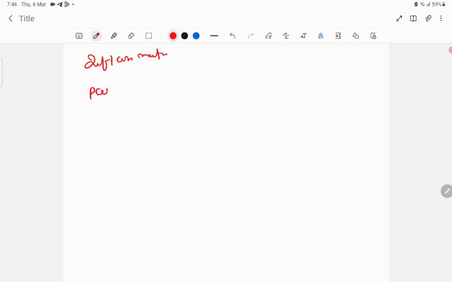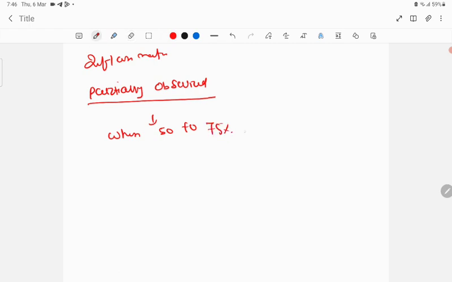It is partially obscured when 50 to 75% of epithelial cells cannot be visualized. If 50 to 75% is not visible, that is called partially obscured.